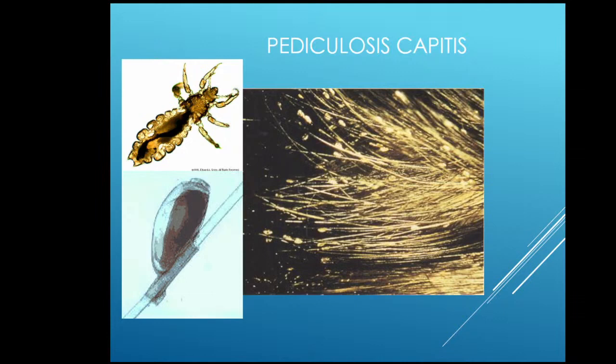So it lives in the hairs of the head and sucks blood. A female lays eggs and produces a special gluey substance which attaches the eggs to human hair very firmly. The name of the egg of lice is nit.